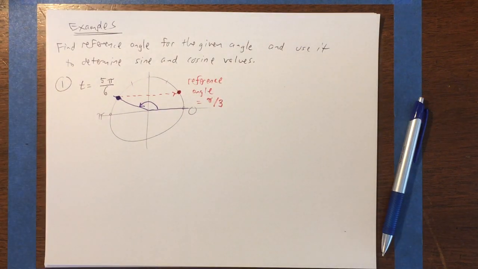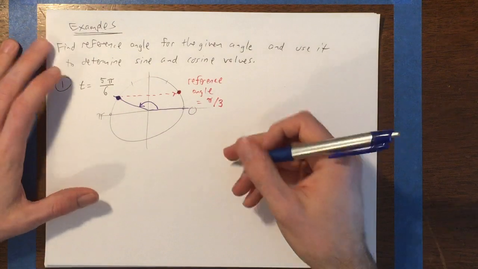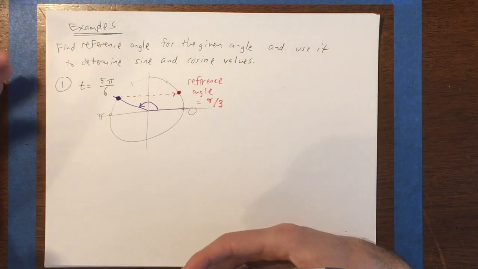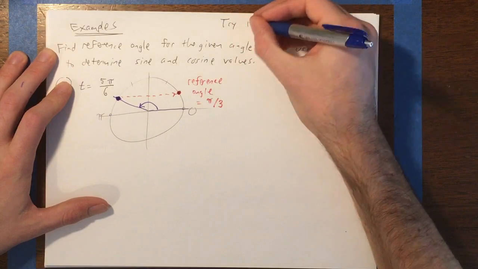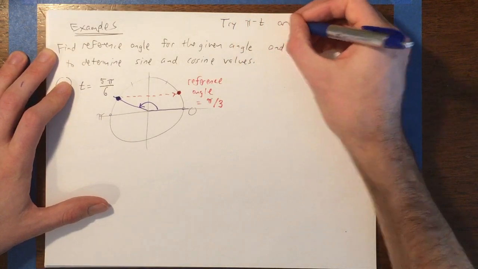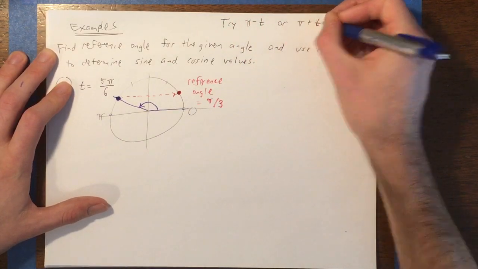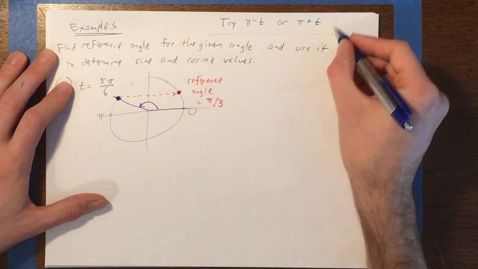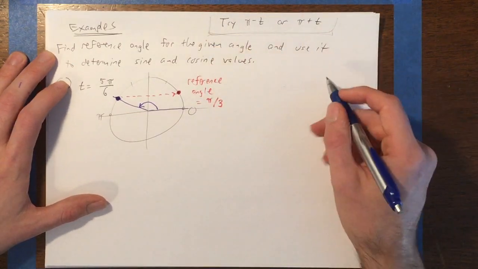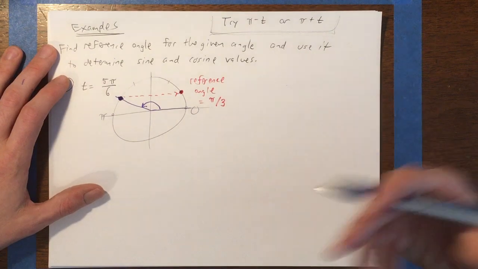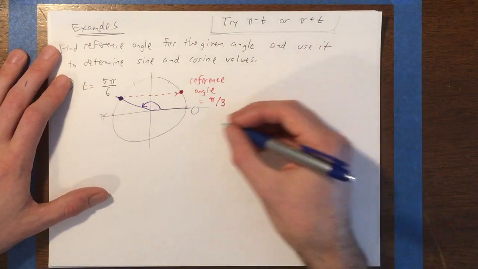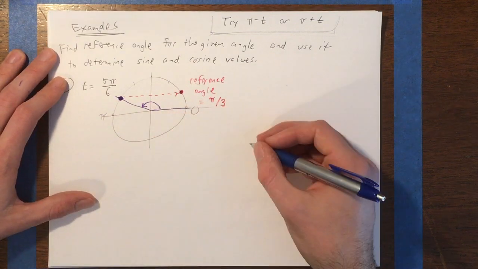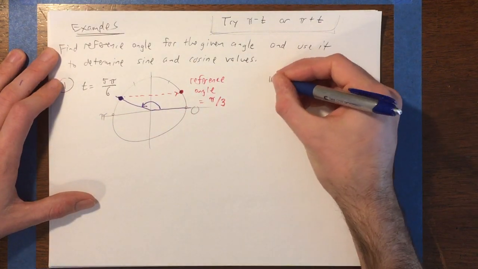Okay. You can also find the reference angle by subtracting or adding to pi. So remember, try pi minus t or pi plus t. Or if that doesn't work, you can try other multiples of pi plus or minus t until you get some angle which is in the first quadrant. So in this case, if we try pi minus t, let's do that over here.